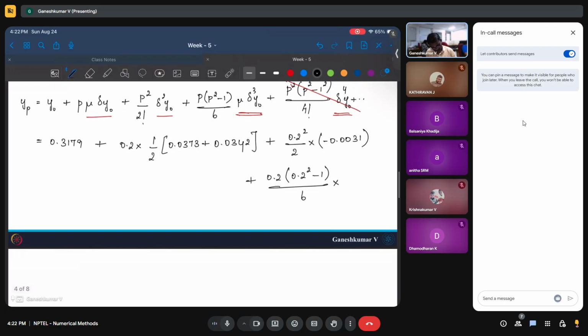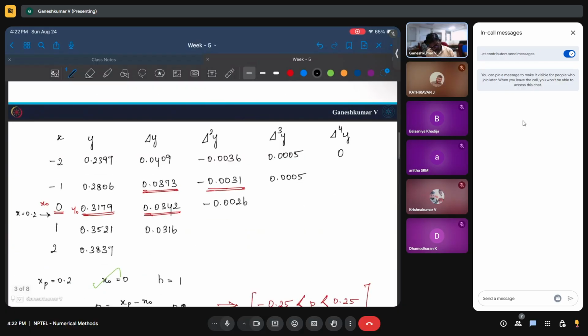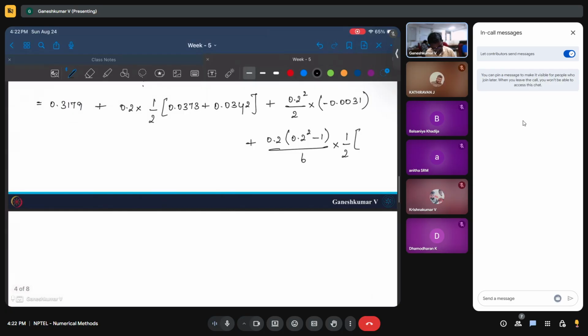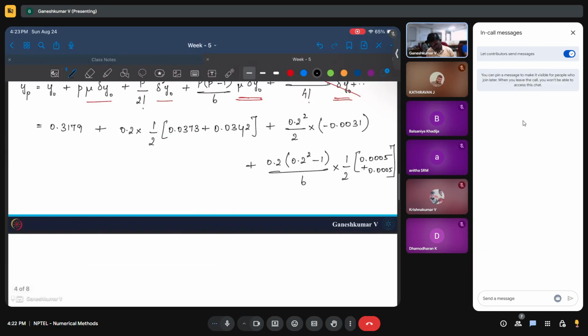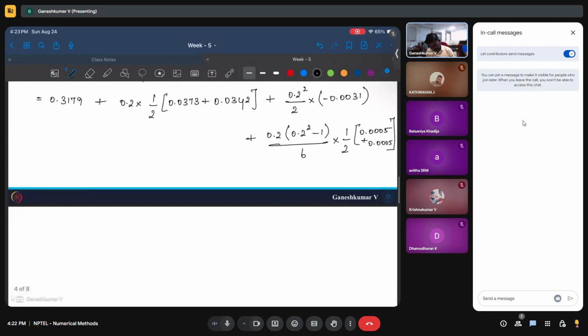So you have to average the two above, which are 0.05 and 0.08. So this average is going to be simply 0.005, but for the sake of completeness I will write them as 0.05 plus 0.0005. Okay, that's it. Now you simplify this expression and you are going to get the result.